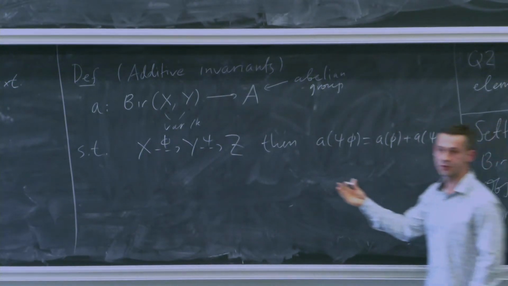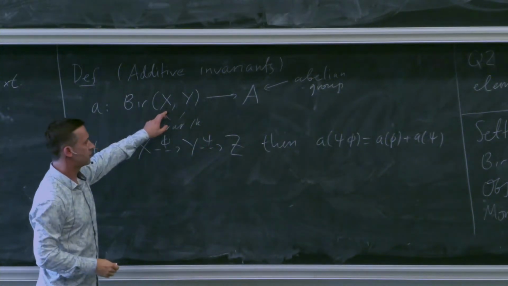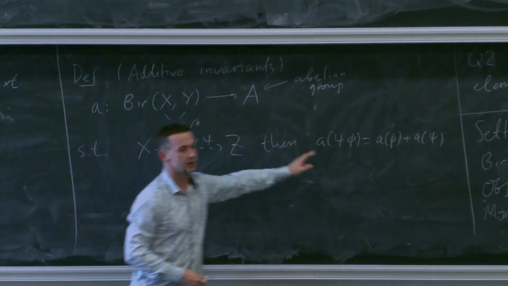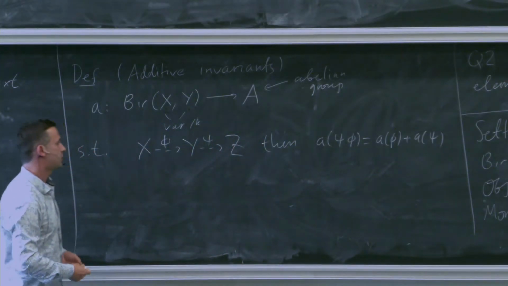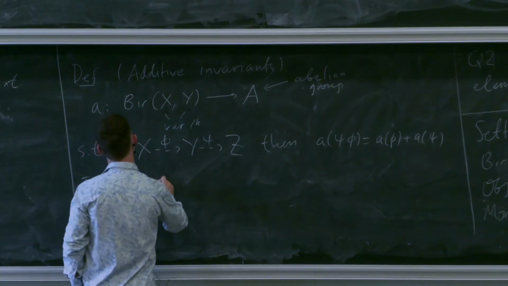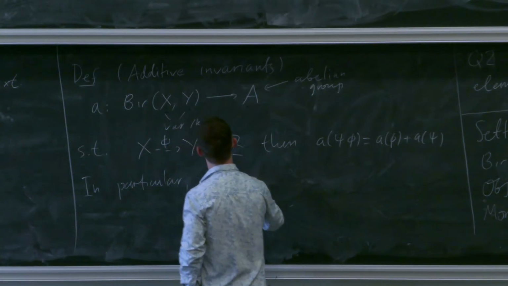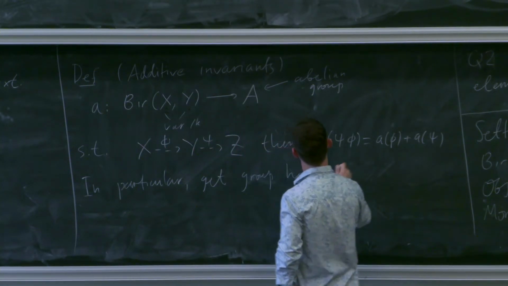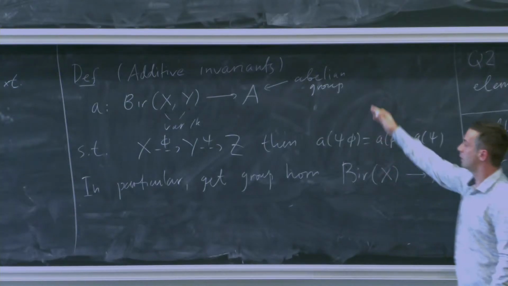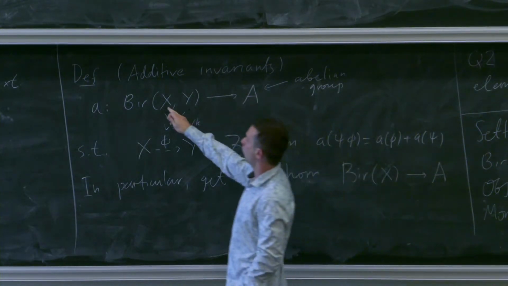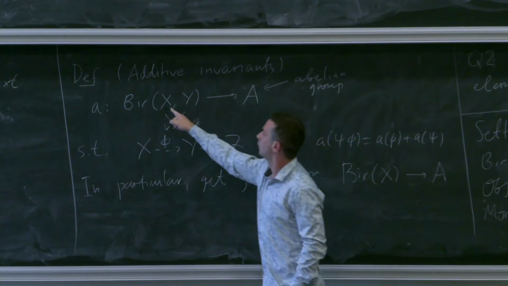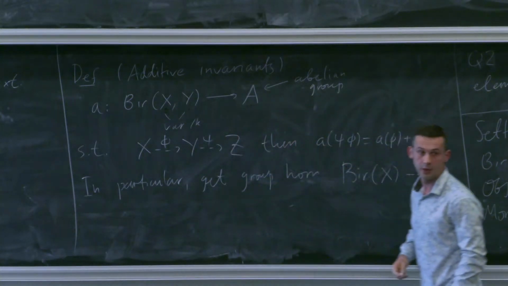So additive invariant just means for every birational map, you assign an element in some target group such that as soon as you can compose, it's additive. In particular, for self-maps, you get a group homomorphism from Bir(X) to A. And this, if you want, is a groupoid homomorphism. So I had a groupoid here, and here is a group, and this is what we can call a groupoid homomorphism. Just when there's more than one object, we allow doing this.